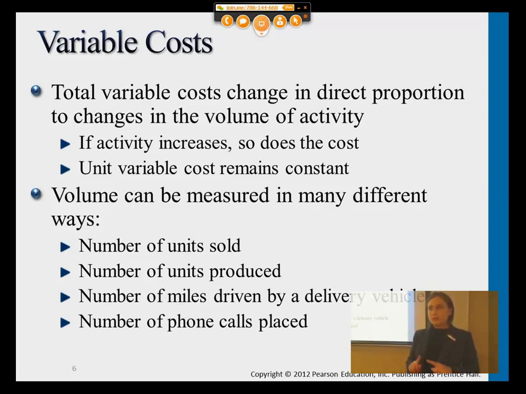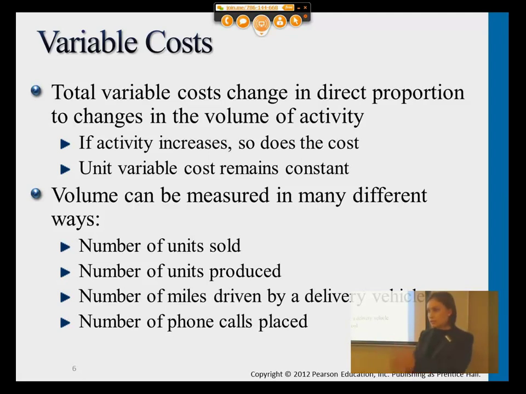Now what about, so I'm producing 100 tables, right? And now I started producing 150. What about my cost per one table? It's still the same, right? So all the variable costs are changing with the activity, okay? Per unit, it does not change.